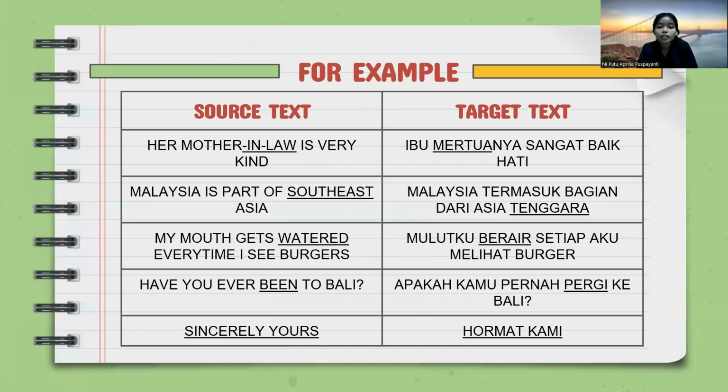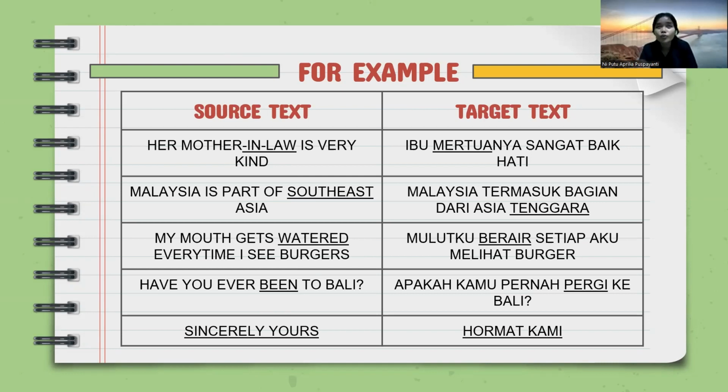So this is the example of established equivalent. Number 1 is her mother-in-law is very kind, and the target text is ibu mertuanya sangat baik hati. As you can see on the underlined text, for number 1 it is in-law.